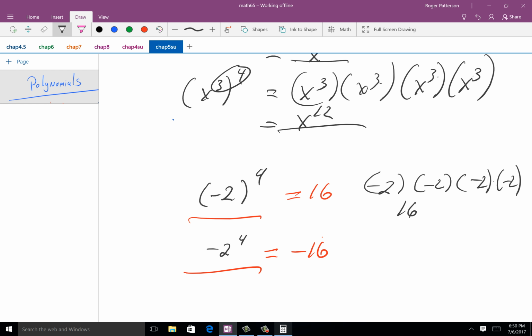Whereas this one says we're going to take 2 to get 16 and then make the final answer negative. So be careful on that.